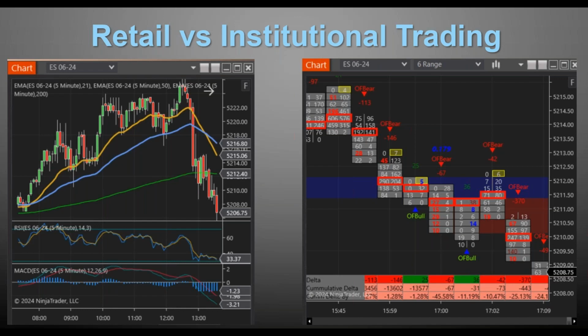But institutional traders never trade without looking at the order flow. The reason is that order flow is the only data that gives you information on what's happening right now and what could happen in the nearest future. I'm not talking about 2 hours or 3 hours from now, I'm talking about the immediate future: how many orders are coming in, how many are sell orders, buy orders, limit orders, stop orders.